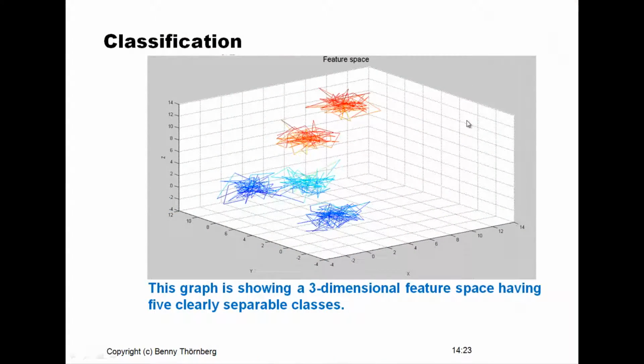So in this picture you see a three-dimensional feature space, and you see 5 classes, clusters of data in this scatter plot of feature vectors, and the feature vectors are centered around a class.